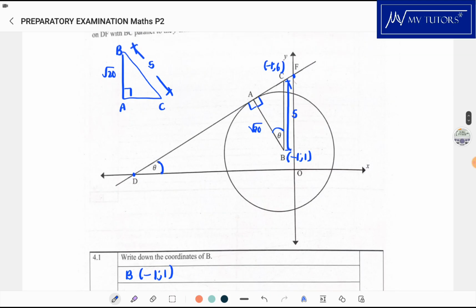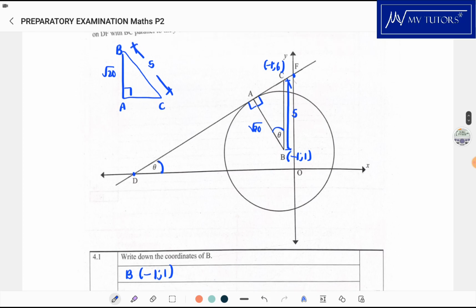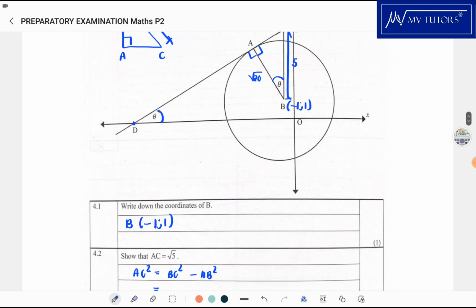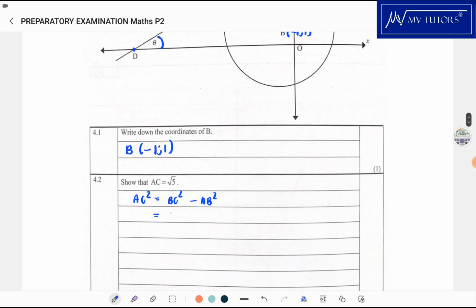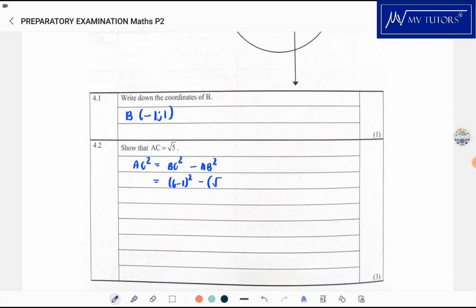So I can say AC squared is equal to BC squared minus AB squared. Okay, Pythagoras. And then BC, we know that it's 5, but let's just show how we got it. So we said 6 minus 1 squared minus AB, and we know AB is √20. They didn't really give it to us as √20, but they gave us the radius, so we know that AB is √20, and that can be squared.